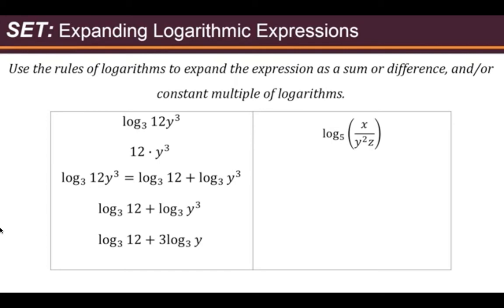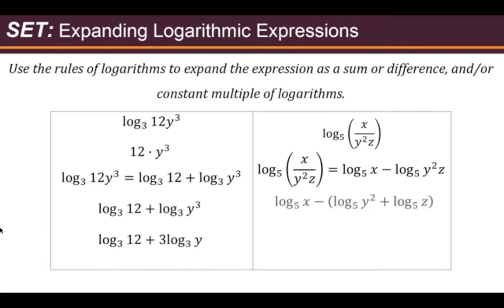For our second example, we have log base 5 of x divided by y squared times z. We start by using the log of a quotient rule, so log base 5 of x divided by y squared times z equals log base 5 of x minus log base 5 of y squared times z. Now we notice that the second logarithm is a log of a product. We can use this rule and then distribute the negative sign.